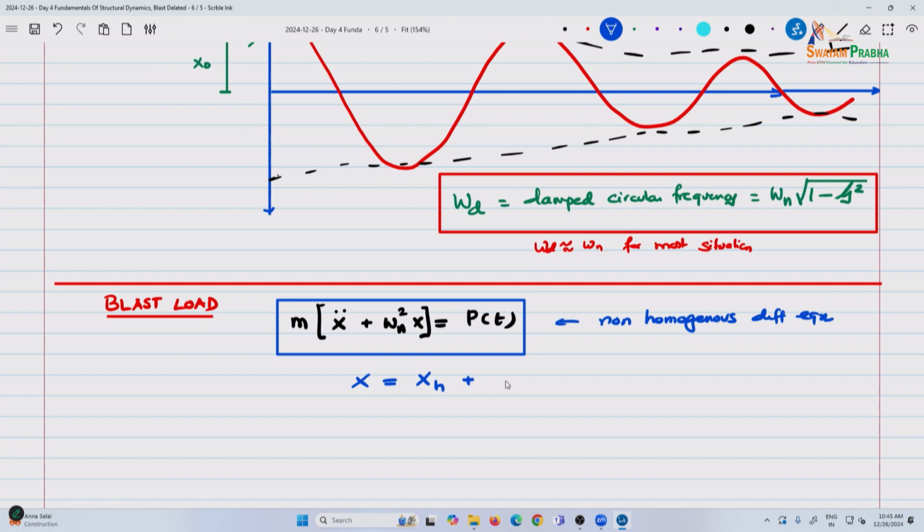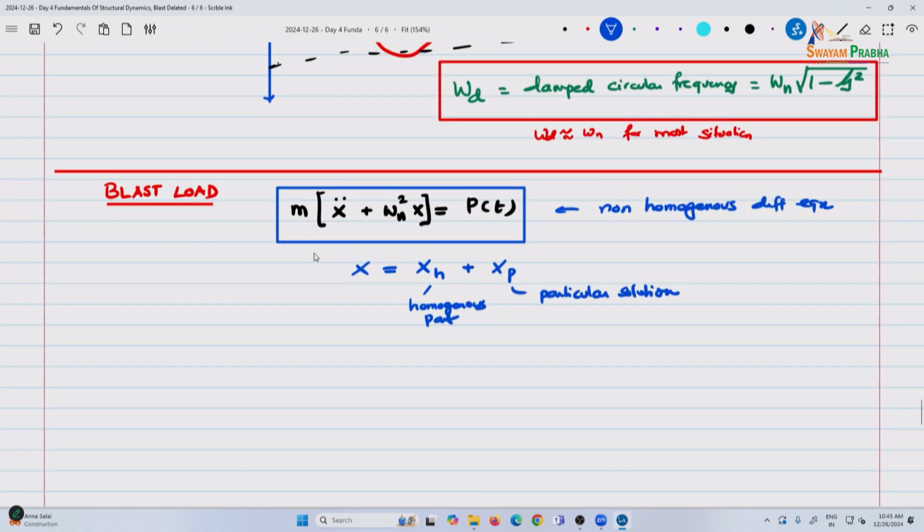The homogeneous part or the complementary function plus particular, right? This is the homogeneous or the complementary part, and this is the particular solution. The particular solution is dependent on the forcing function, and both of them are functions of time.